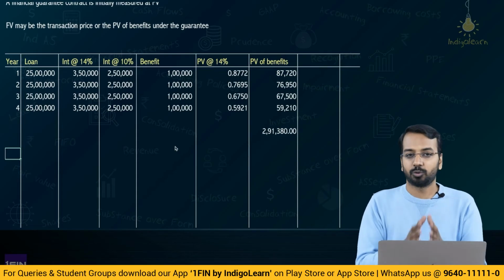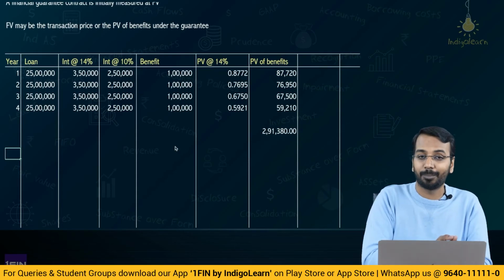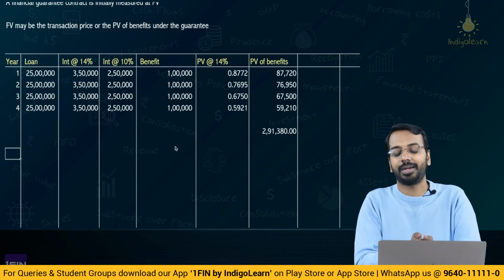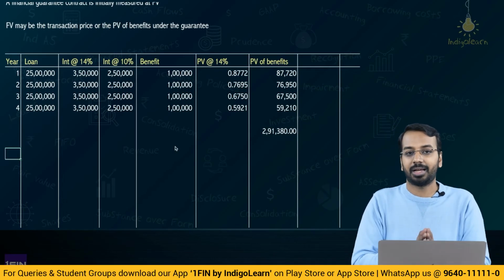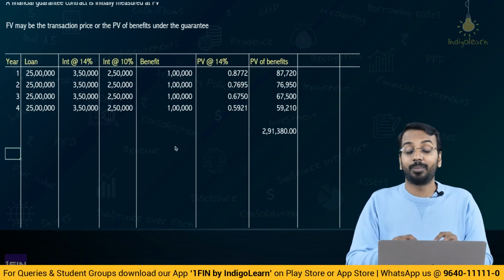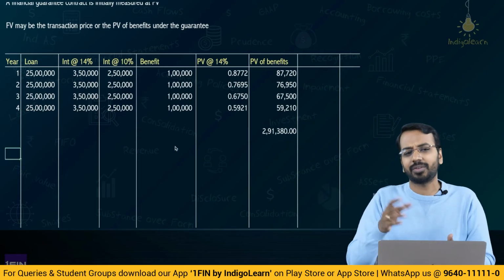Now, this is the present value. So, whatever benefit that the holding company or the parent entity is indirectly providing to the subsidiary is considered as an investment made by the holding company, because it's an indirect way of consideration.